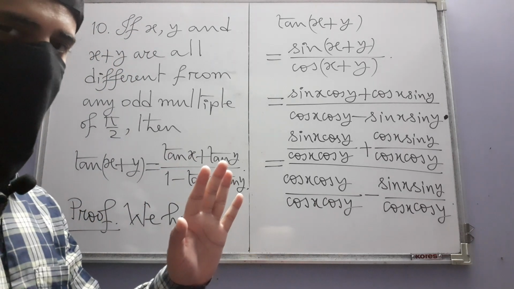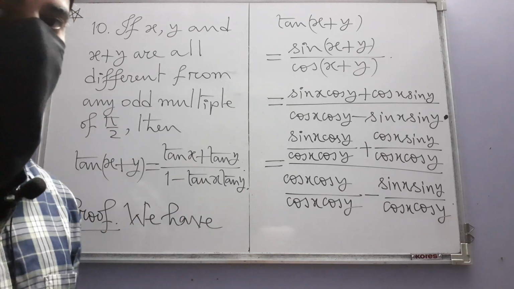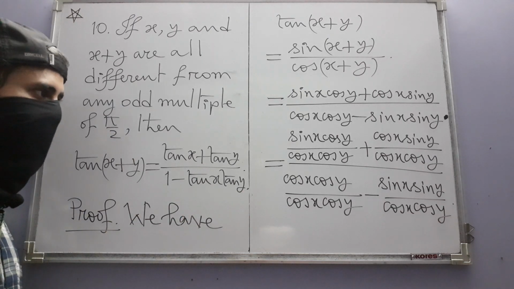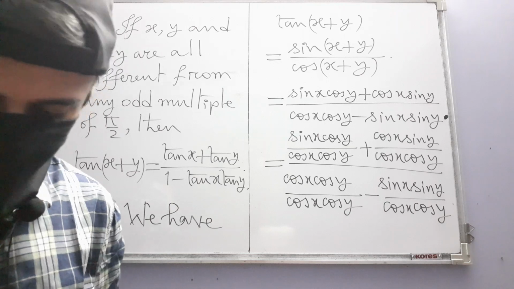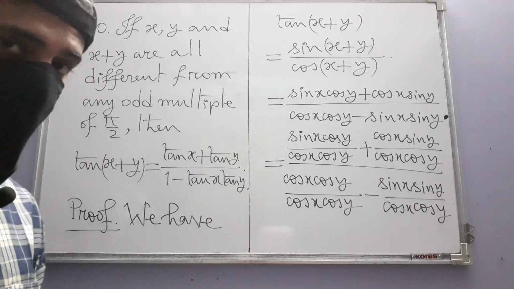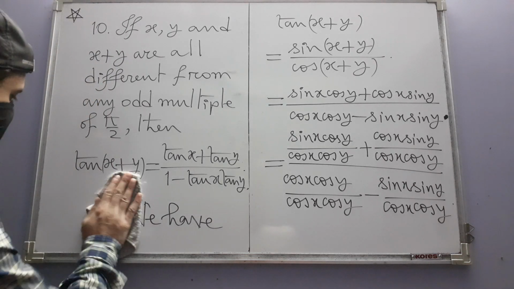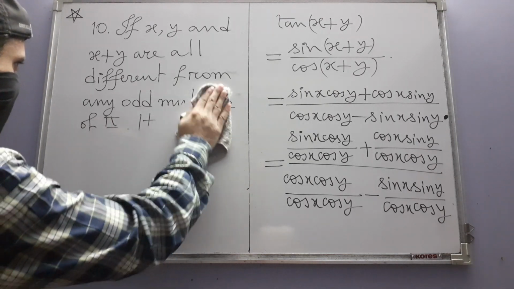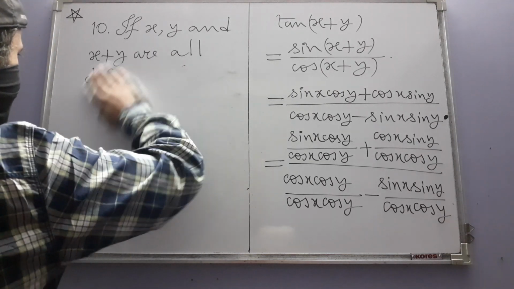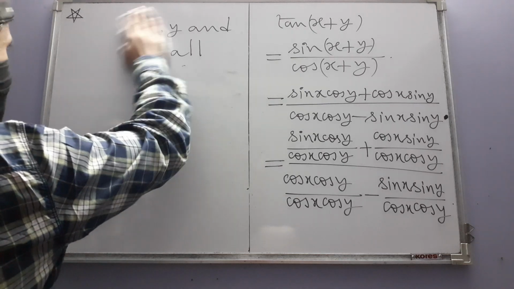These things, truly speaking, have to be done. But sometimes out of laziness we don't. But in exam you write everything, okay? As clearly as possible with as much detail as you can provide.